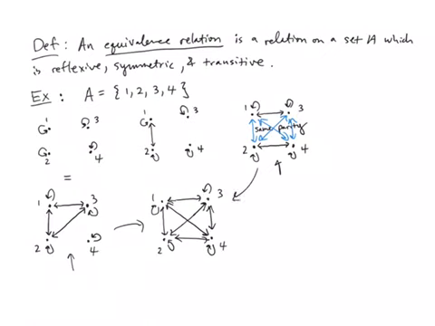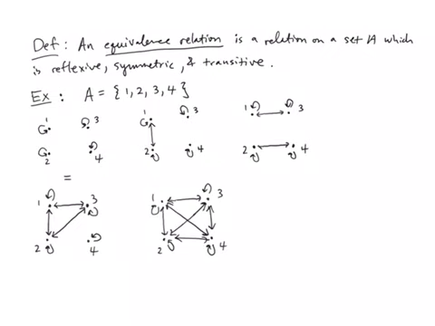So basically, what we had before. So these are basically all of the pictures of equivalence relations that you could possibly get, up to relabeling the points differently.